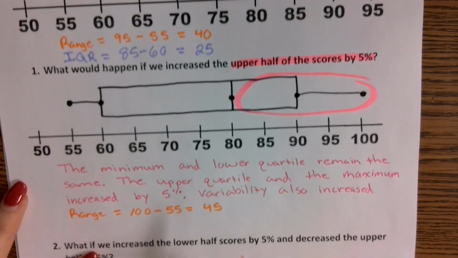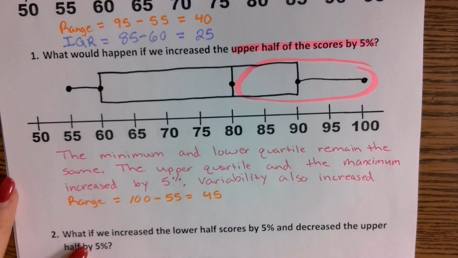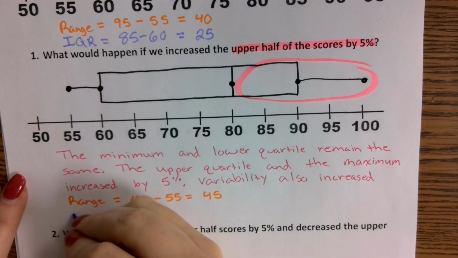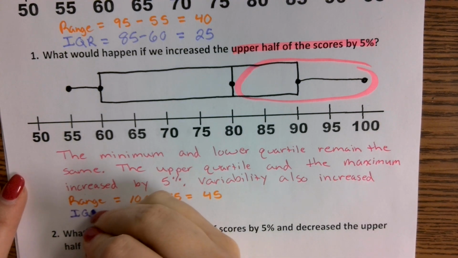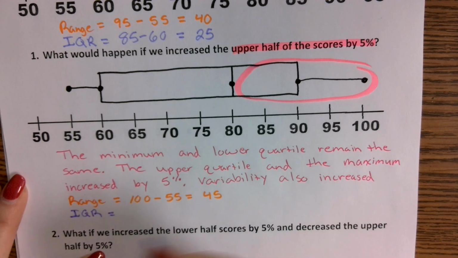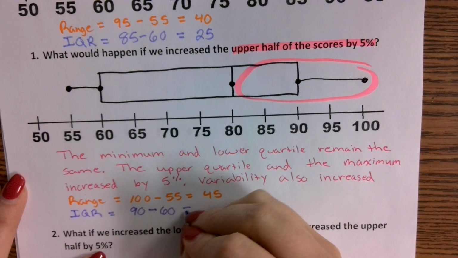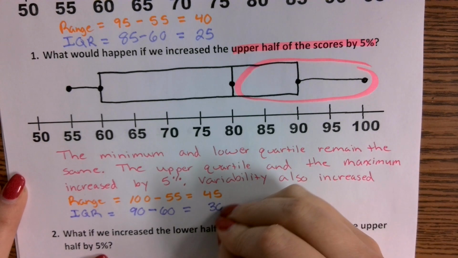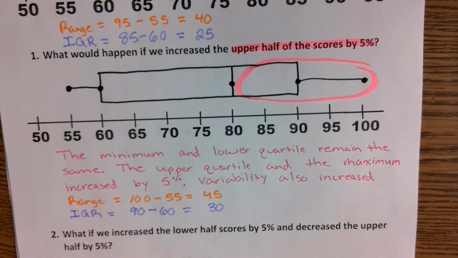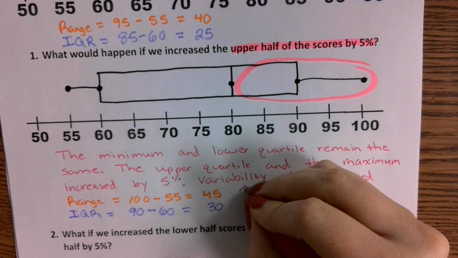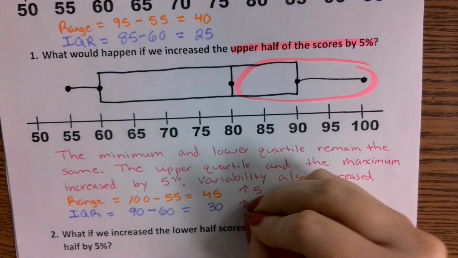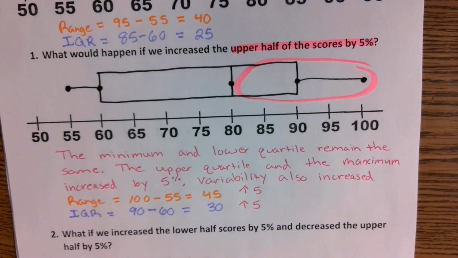So the range went up by 5 points. So does the interquartile range, the IQR. It's now going to be 90 minus 60, which is going to be 30. That's an increase by 5 points. So it increased by 5 as well. Both of these values are going to increase by 5. The median is completely unaffected.